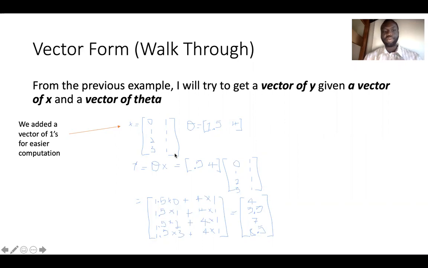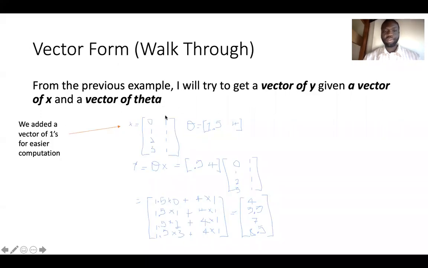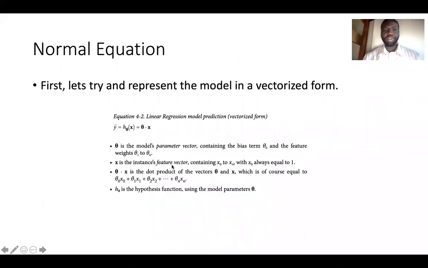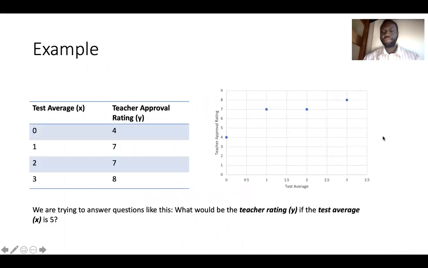And x0, which he says here, is always equal to 1. This x0 he's talking about is these columns of ones. This is for the general case, beyond having just one x1.